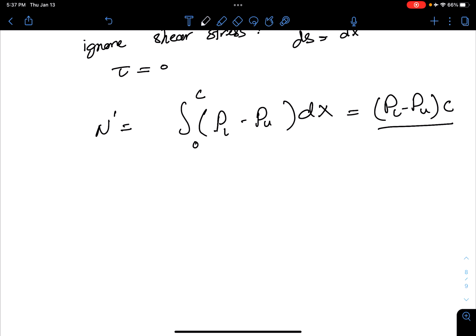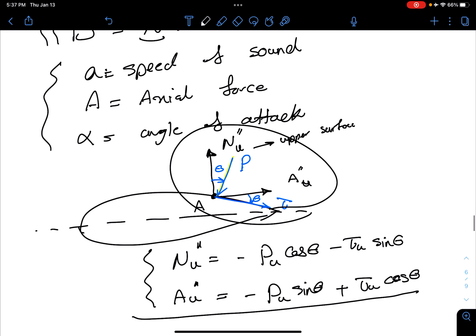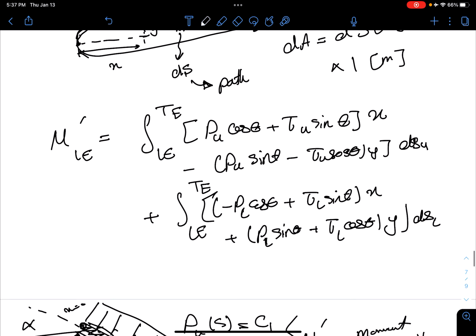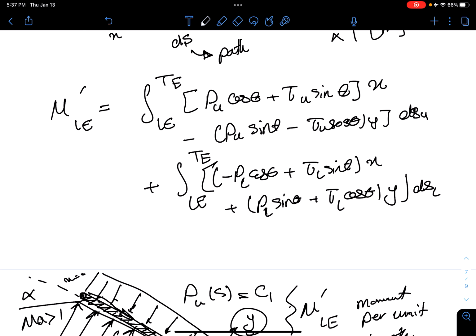What about the moment? Go back to the moment equation here. This is ds, dx. This is also dx. These taus are 0, right? And then we have sine of theta is 0.